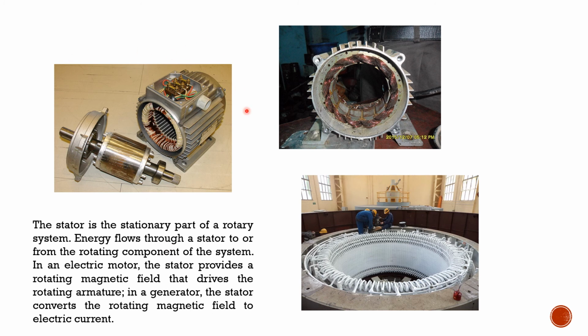So energy flows to or from the rotor into the stator. In an electric motor, the stator provides a rotating magnetic field that drives the rotating armature. So the stator provides the magnetic field that drives the rotor. In a generator, the stator converts the rotating magnetic field into electric current.